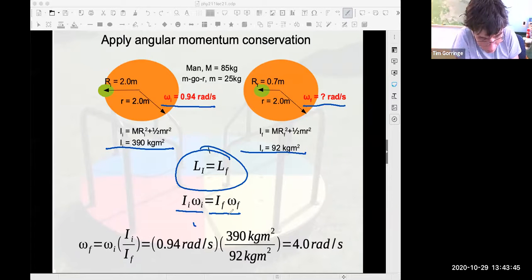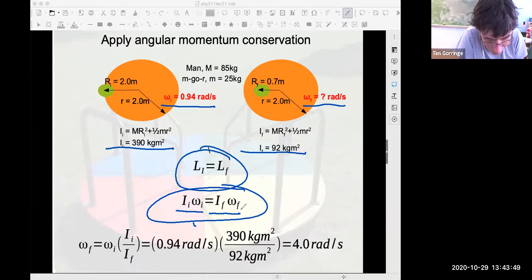Well, I've built myself here an equation that relates the unknown final angular speed to the known initial speed and the known moments of inertia.